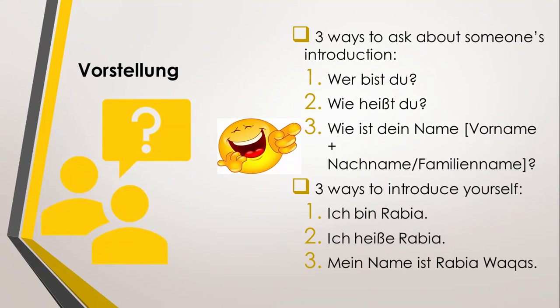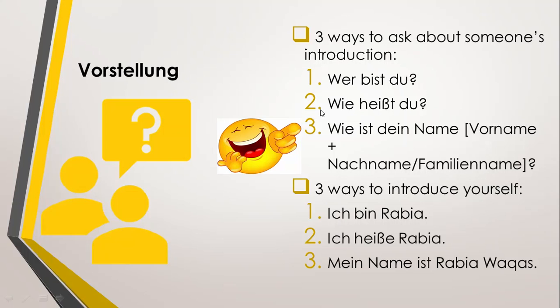An introduction in German is called Vorstellung, and there are three possible ways to introduce oneself, and the two questions that we use in an introduction are wer and wie, where wer refers to who and wie means how.